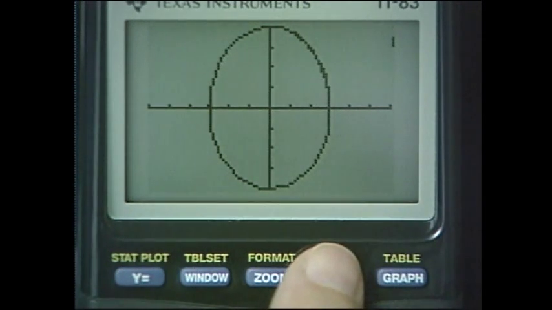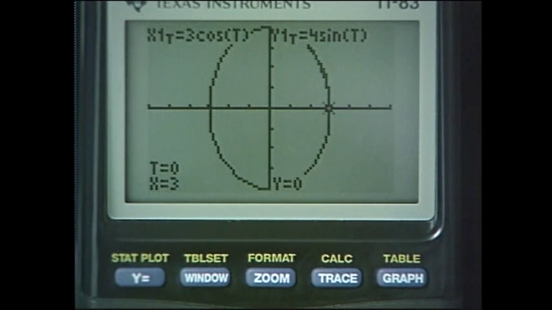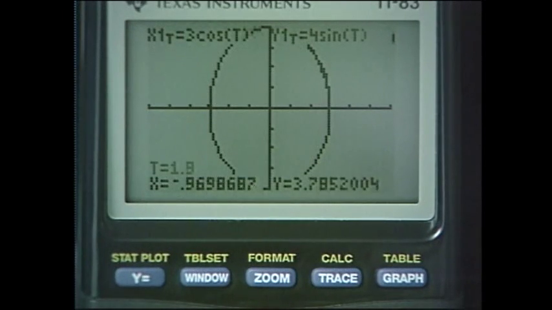and press trace. Now here I am at 0, and once again I'll go all the way around, and let's see what happens as I get to 6.3, or approximately 2 pi, and actually go beyond that. Now I'm just keeping the right arrow button depressed here, and we're rocking around our figure.